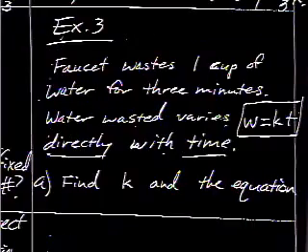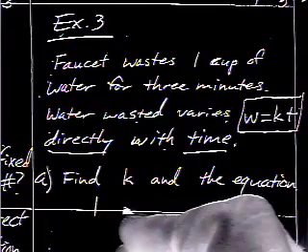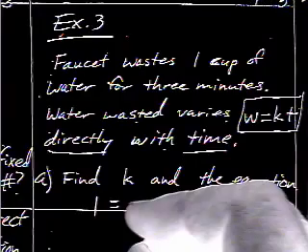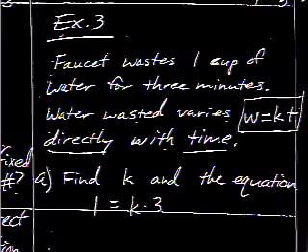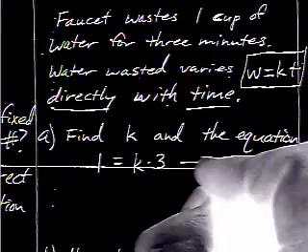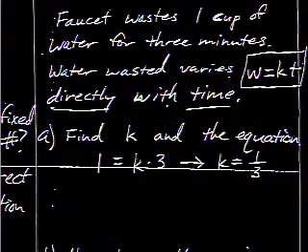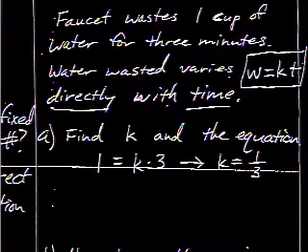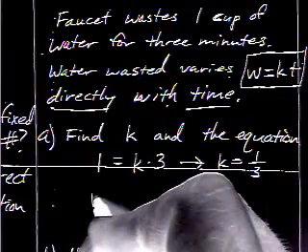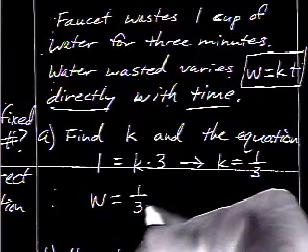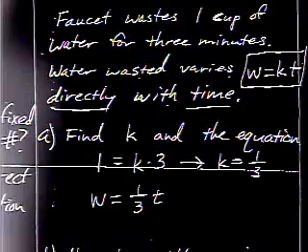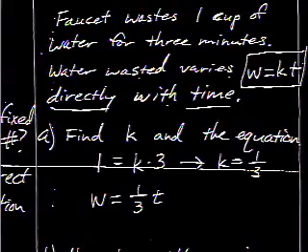Find K. Well, all right, so 1 cup of water is wasted in 3 minutes. That must mean that the constant of variation is 1/3. So my equation is W equals 1/3 T. In this situation, 1/3 represents the number of cups of water that are wasted in 1 minute.